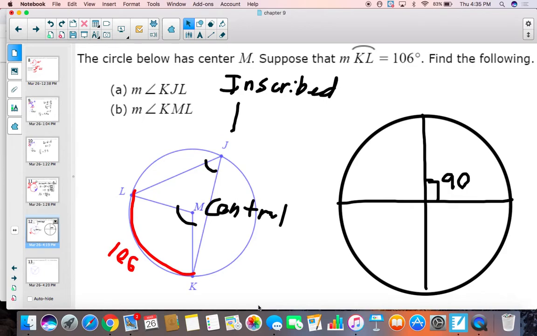Well, if we split the circle up into 4 different sections, then what is one of these arc lengths going to be? Okay. Well, a total circle has 360 degrees. If I split it up into 4 sections, each arc degree is going to be 360 divided by 4, which is equal to 90.